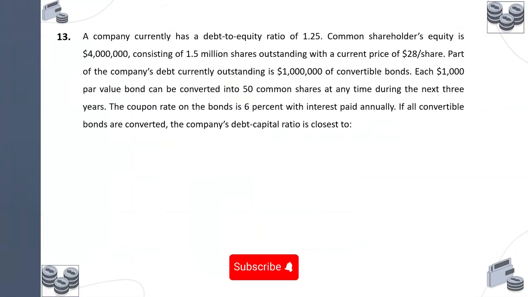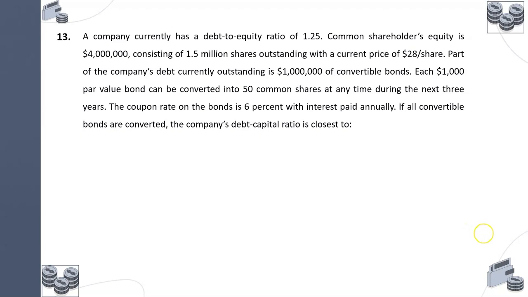A company currently has a debt-to-equity ratio of 1.25. Common shareholders' equity is $4 million, consisting of 1.5 million shares outstanding with a current price of $28 per share. Part of the company's debt currently outstanding is $1 million of convertible bonds.